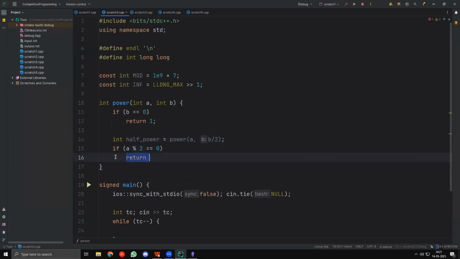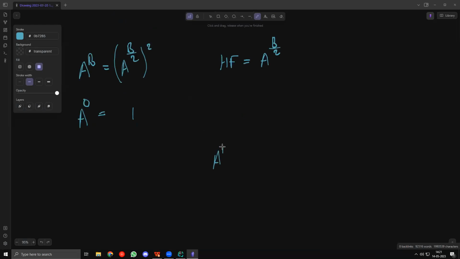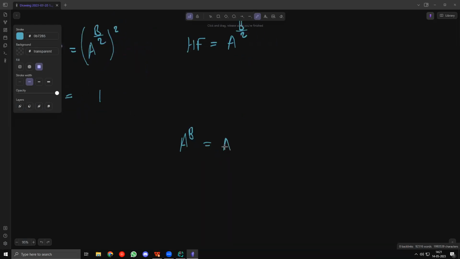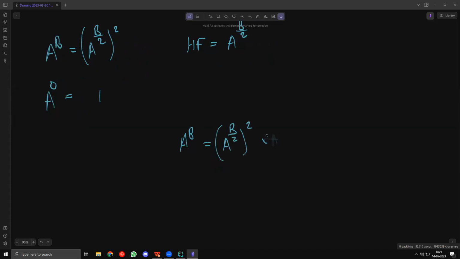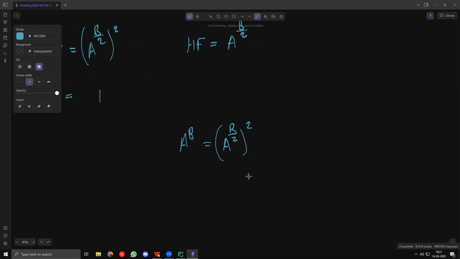Right? Now I will say, if a modulo 2 is equal to 0, then return. So this will return the value to the previous call, right? So what I'll say is a to the power of b equal to a to the power of b by 2 squared and times a, or times, I don't care about that. For now, let's just ignore this part, right?